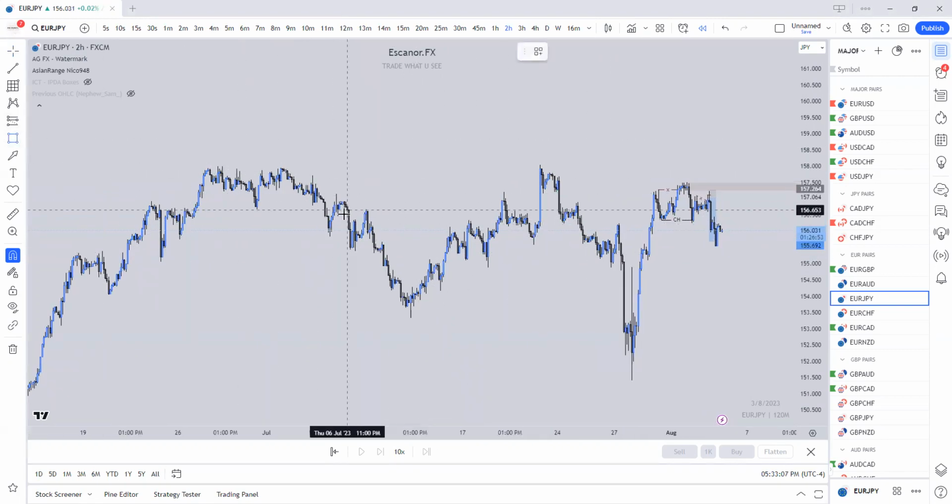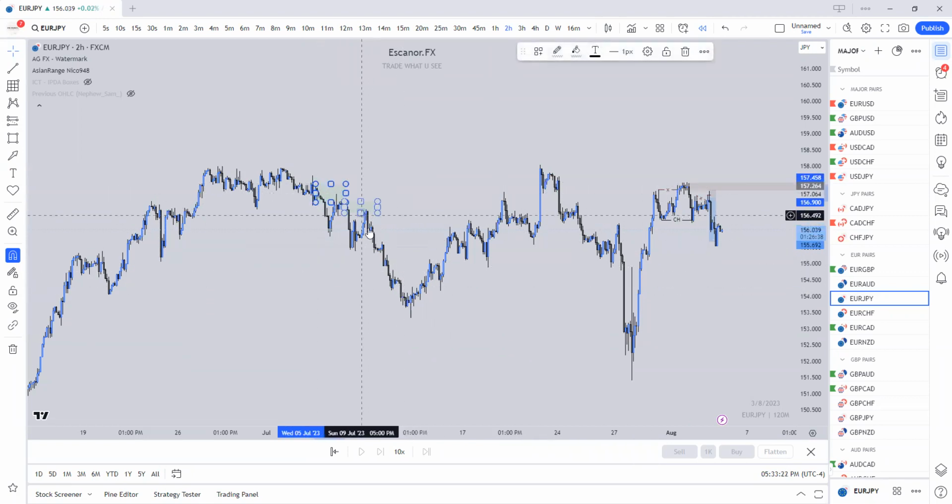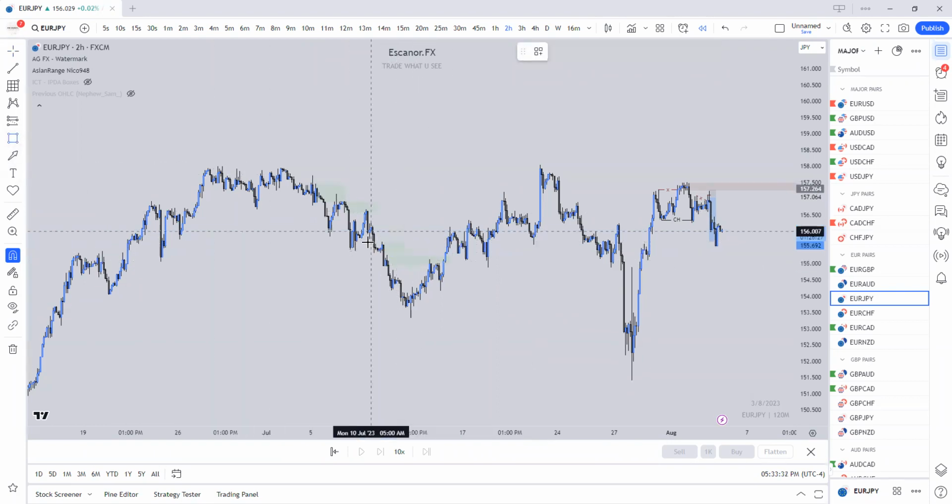For example, this one here works very fine. At the end, this one failed. So some order blocks move nicely and others just fail. This one probably goes nicely, okay? But this one and this one here are now a point of liquidity.